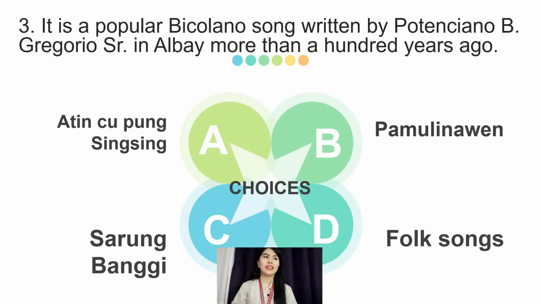Number 3. It is a popular Bicolano song written by Potenciano B. Gregorio Sr. in Albay more than 100 years ago. So, Bicolano. Letter A. Atin ko pong singsing. B. Pamulinawen, C. Sarong banggi, D. Folk songs. Number 4.